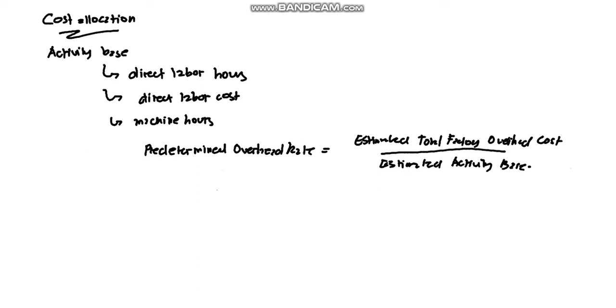So for example, the total estimated factory overhead cost is 50,000 for the entire year, so I'll just write in this one, and the activity base is 10,000 direct labor hours. So the answer for that one is 5 pesos per direct labor hour.